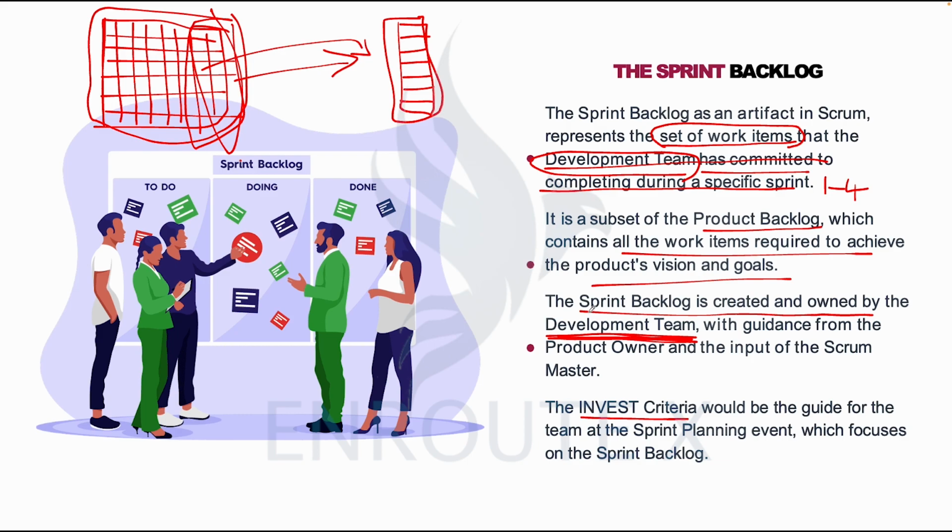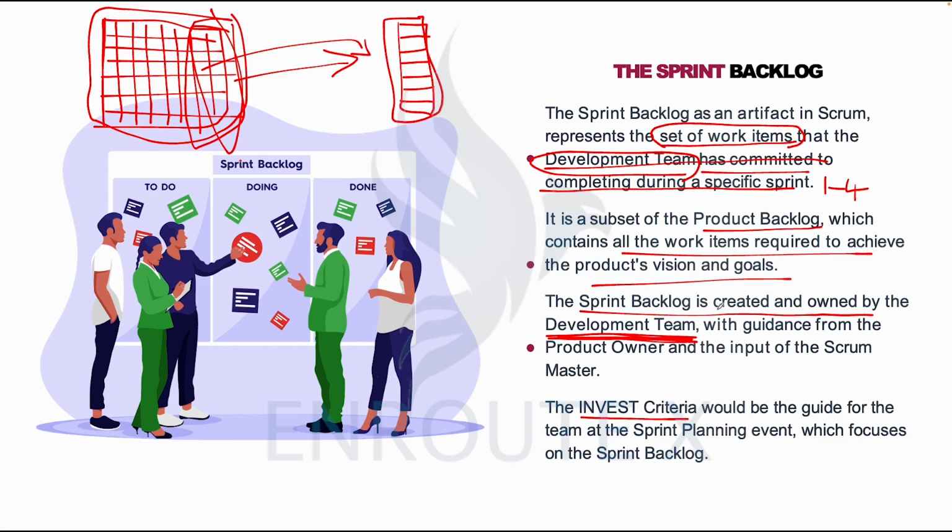And that is why we say the daily stand-up, or the daily scrum, belongs to the developers also. They are updating and reviewing their work process day in, day out, right? So the sprint backlog is created and owned by the development team.